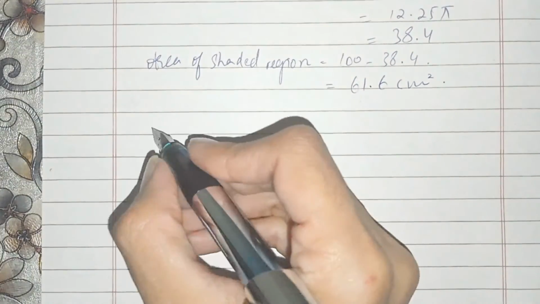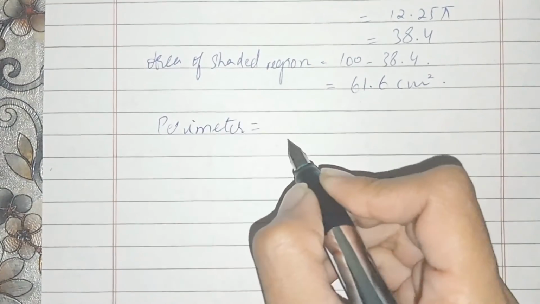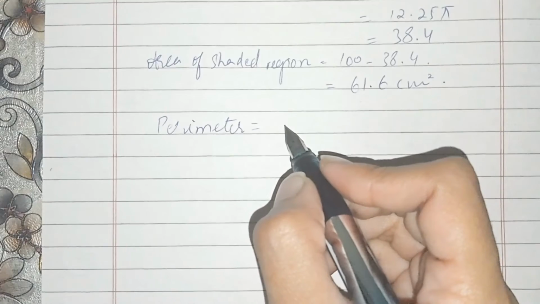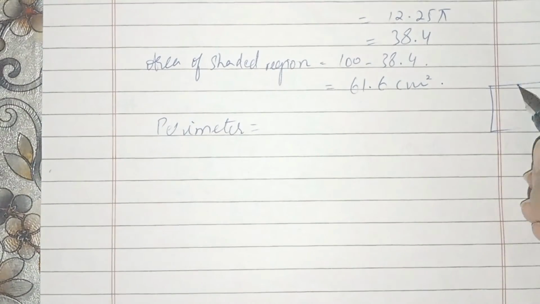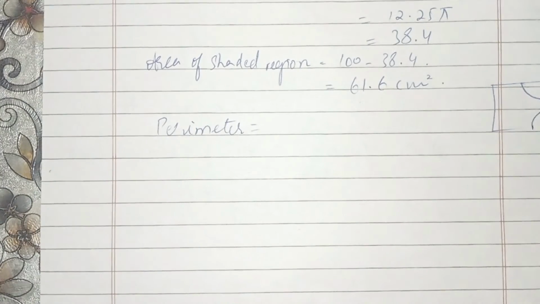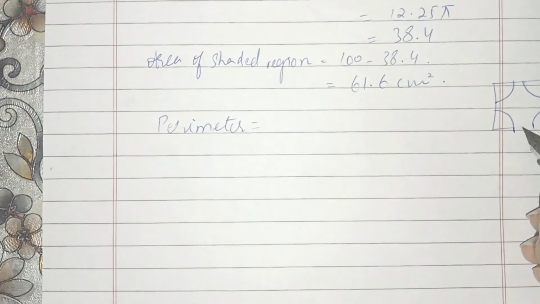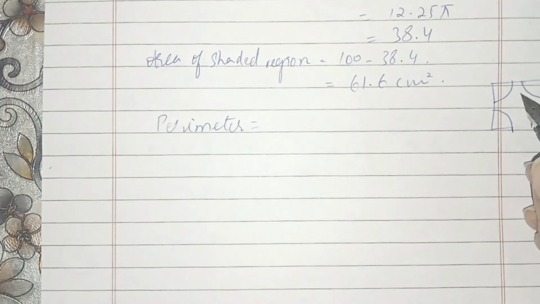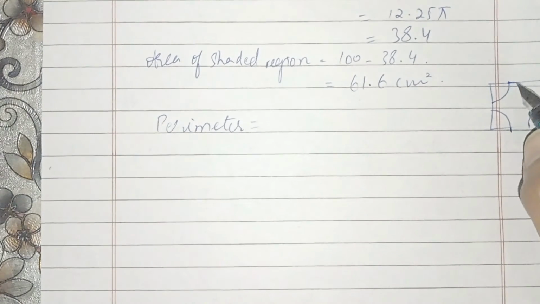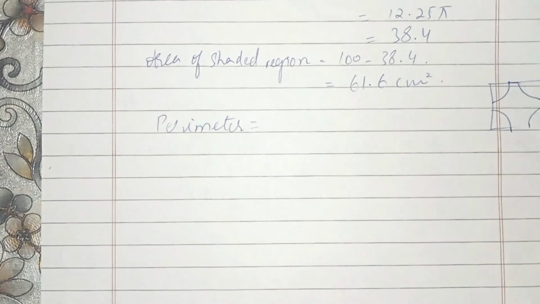Now we have to find the perimeter. Perimeter is equal to, the figure is a square and this. Now since the figure is like that, we have to find the perimeter of the shaded area. This area is also included in it. This total is equal to 10 and this part is 3.5.